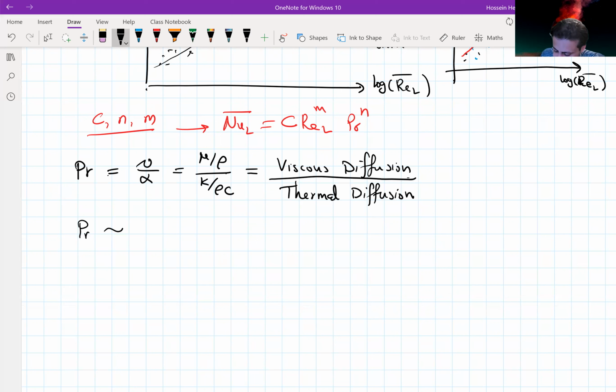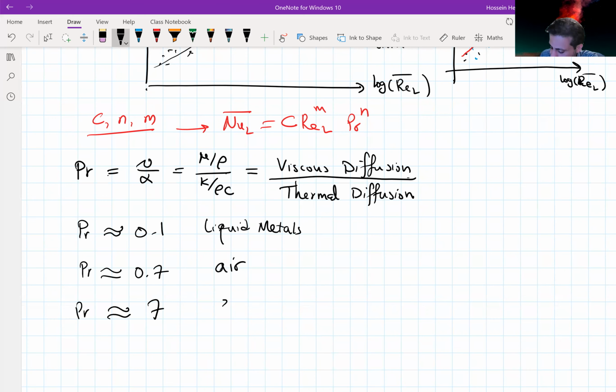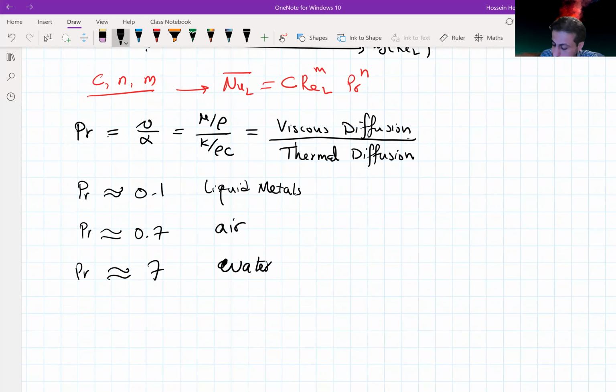Now, Prandtl number for liquid metals that have a very high conductivity is going to be very small, around 0.1. For air, it's going to be 0.7. For water, we're going to see around 7. And for some viscous oils, the Prandtl number could be 2000, depending on the oil viscosity.